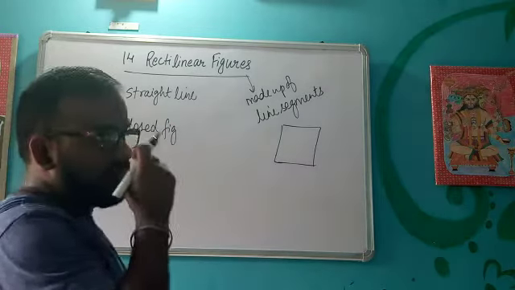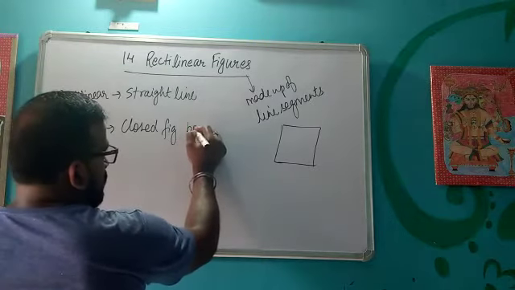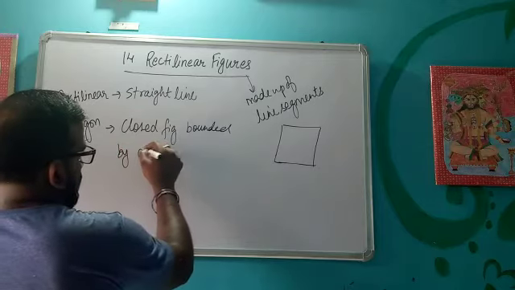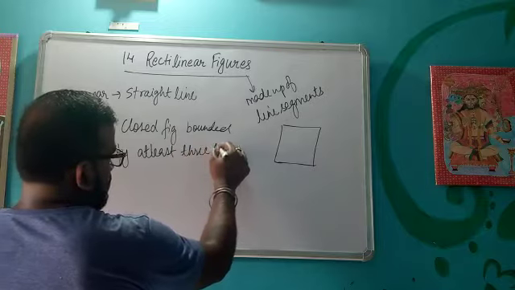A polygon is a closed figure bounded by at least 3 line segments.